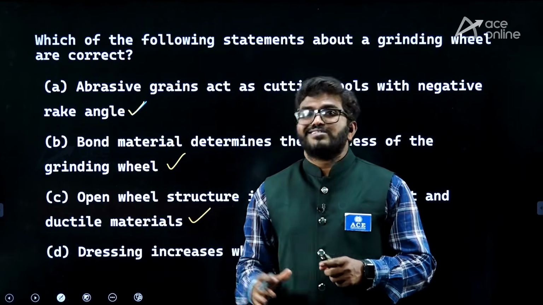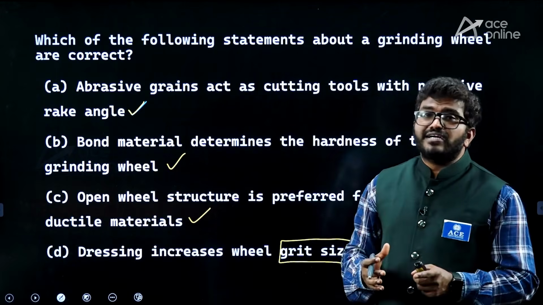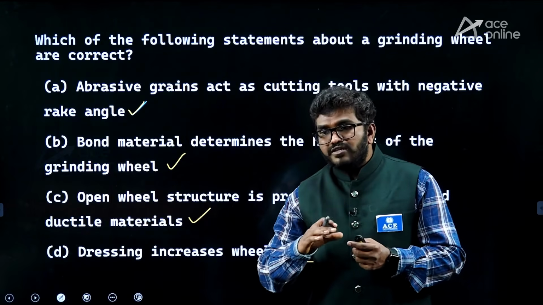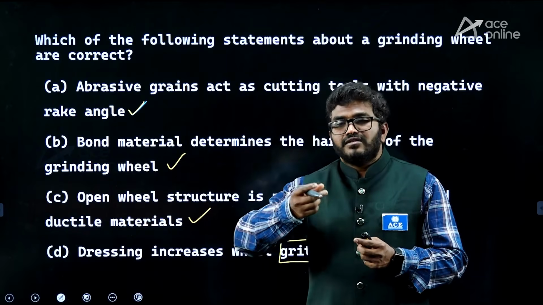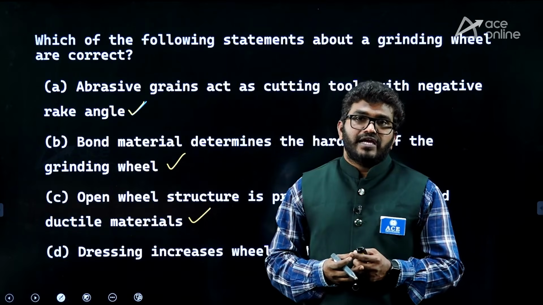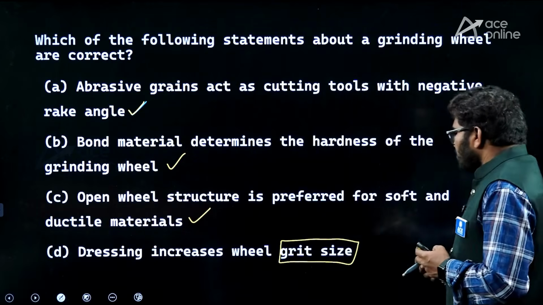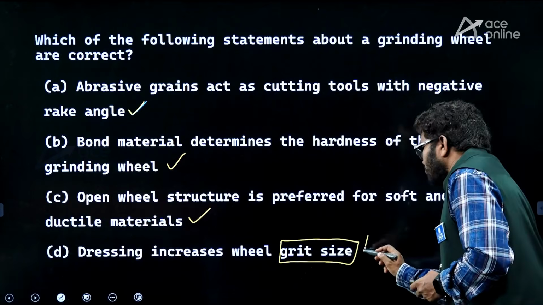So by dressing a grinding wheel, the grit size will not change. Generally we do dressing to remove the finishing layer and increase the abrasiveness, the sharpness of the tool. So dressing increases the grit size is absolutely wrong.